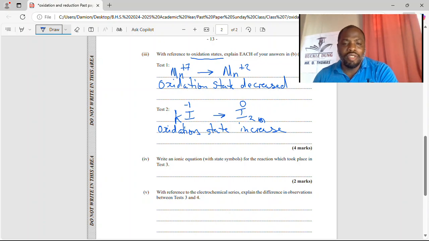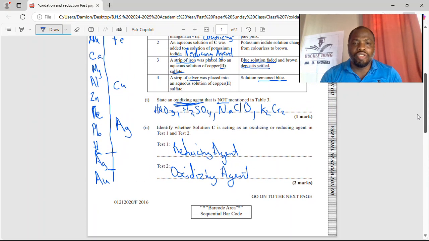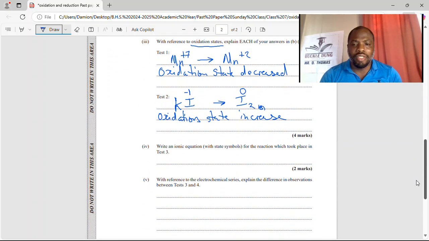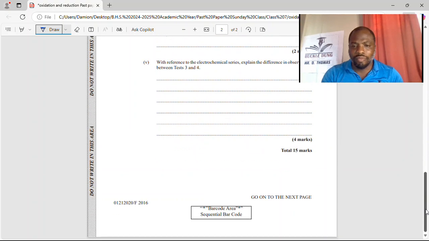Write an ionic equation with state symbols for the reaction which took place in test 3. What was test 3 again? Test 3 spoke about the strip of iron placed in aqueous solution of copper 2 sulfate. So they want an ionic equation. Normally, if you're having a problem, you start out with the long form.